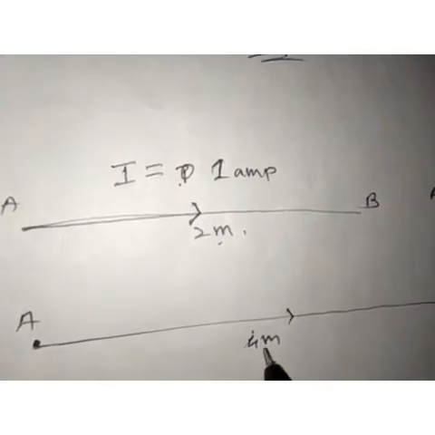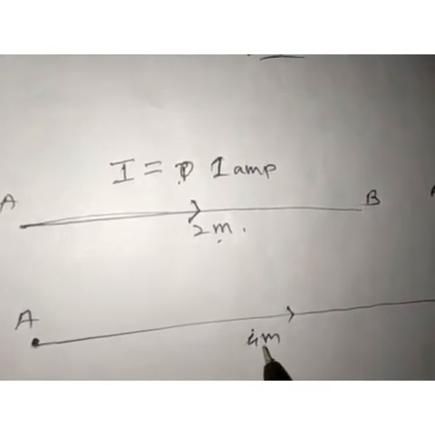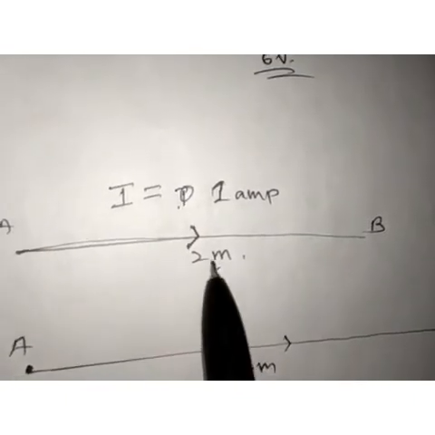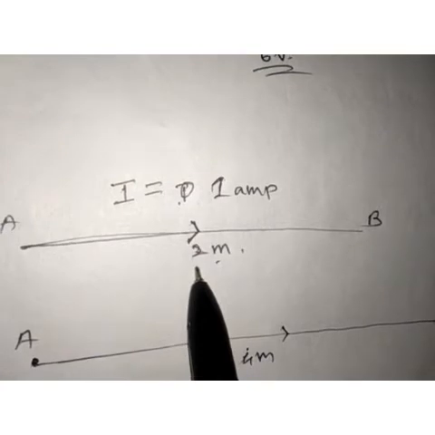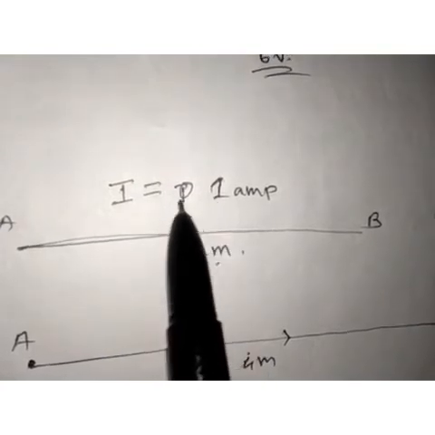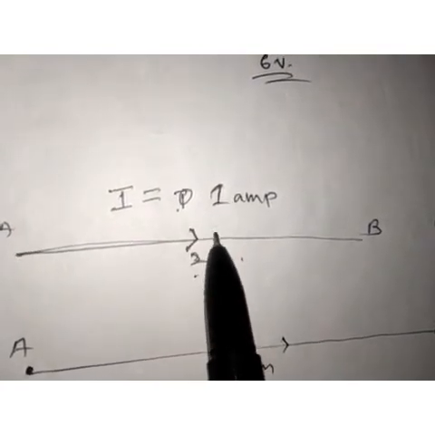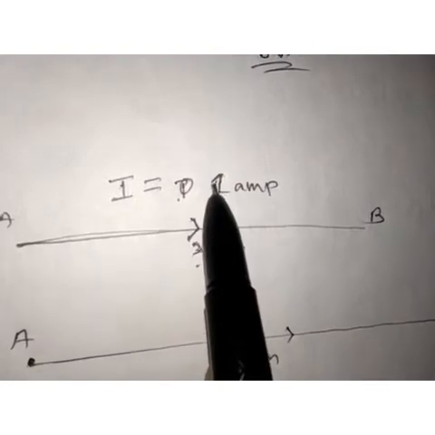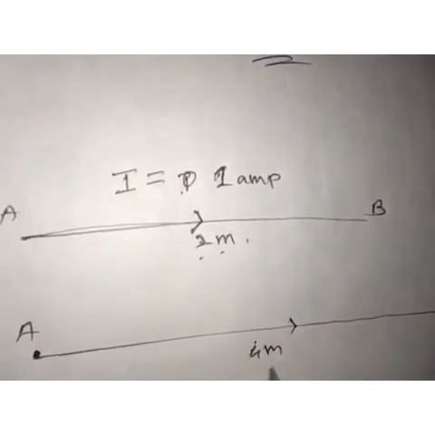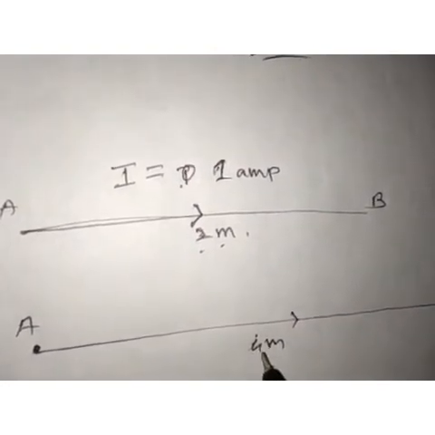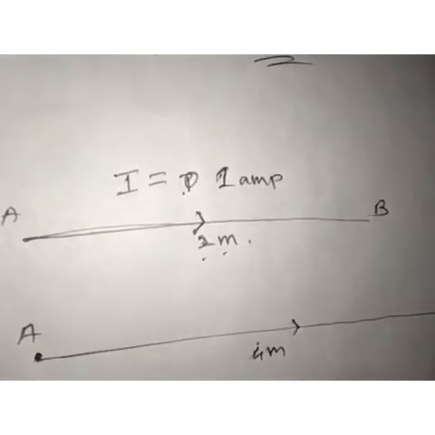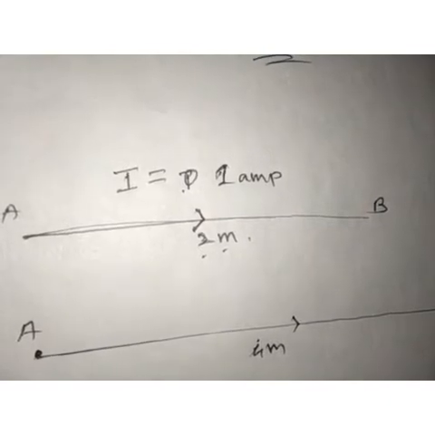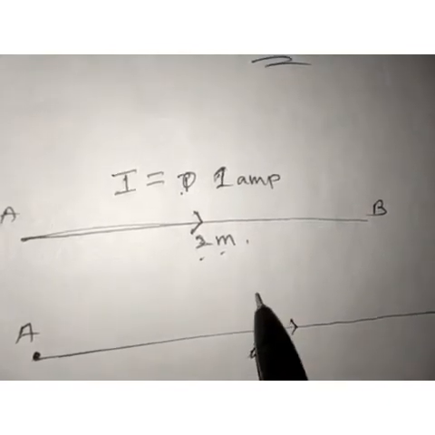You see, if the length of the conductor is made double, first time it is 2 meter. When the length is 2 meter, the current passing through this conductor is 1 ampere. But later we increase the length from 2 meter to 4 meter. Then how much is the current now? The current becomes half.